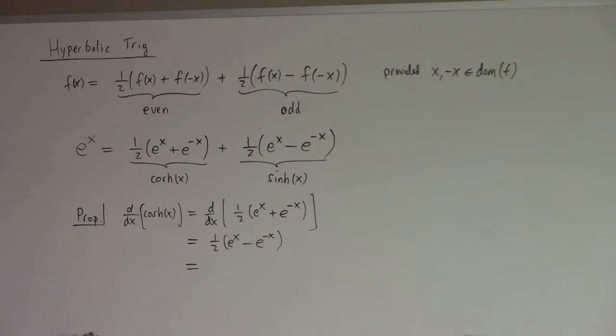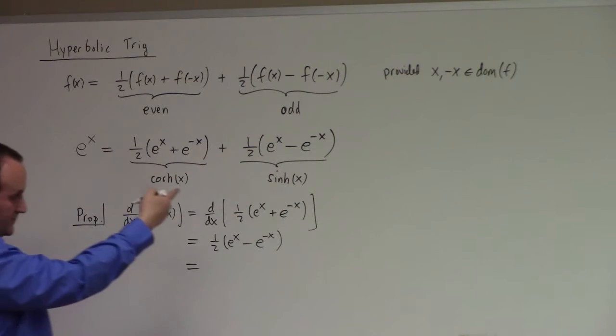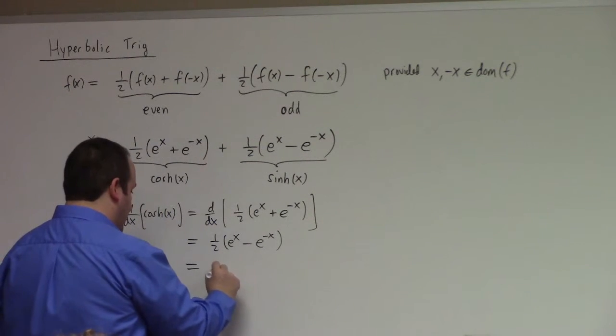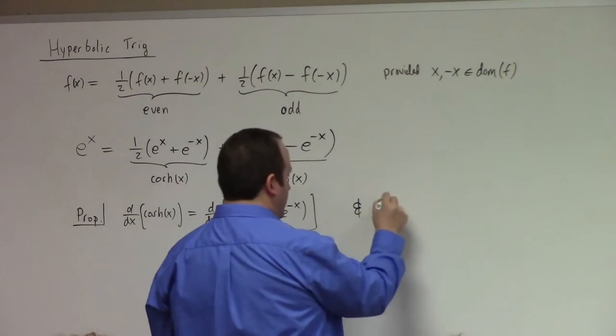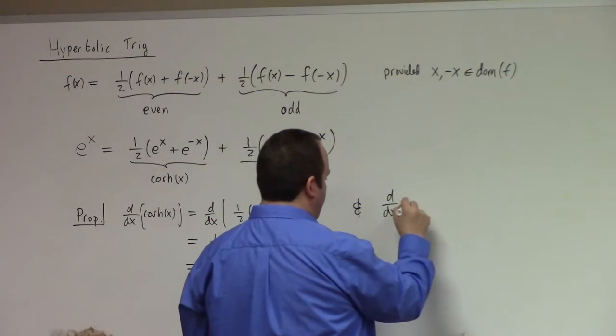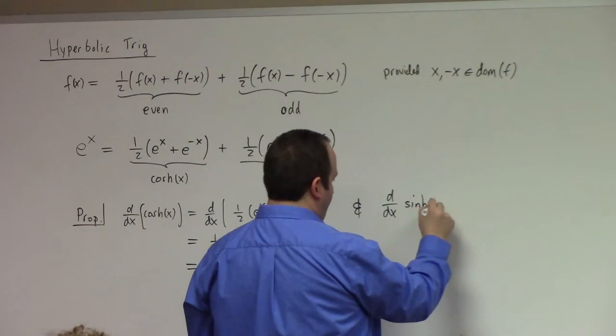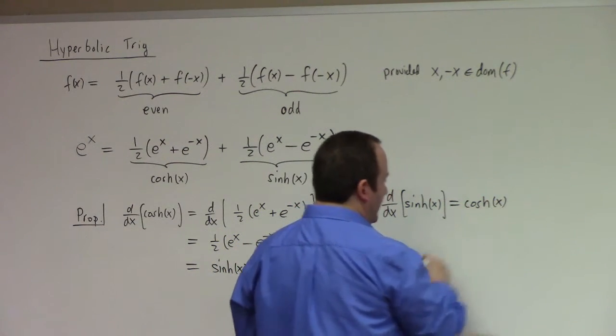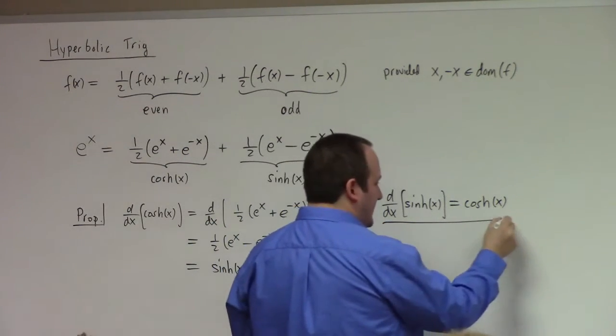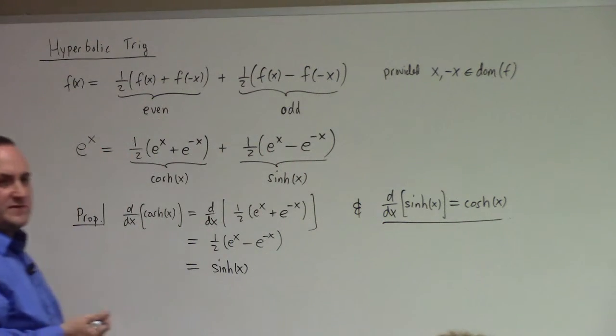Which is what? It's sinh. So the derivative of cosh is sinh. And through almost the same calculation, the derivative of sinh is cosh. So that's like sine and cosine, but also unlike, right? There's a minus sign difference. See that?